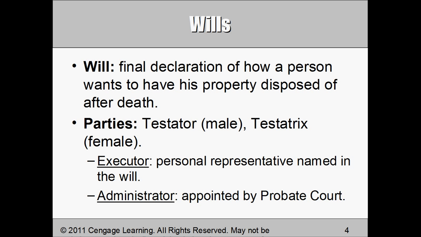We have the executor, that's the person named in the will, or the executrix if it's a woman. We have an administrator, and that is a person that is appointed by the court, and that's usually in an intestate succession situation.